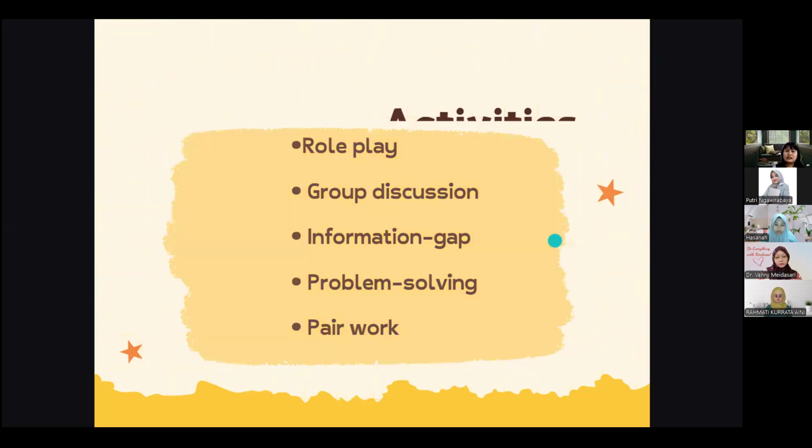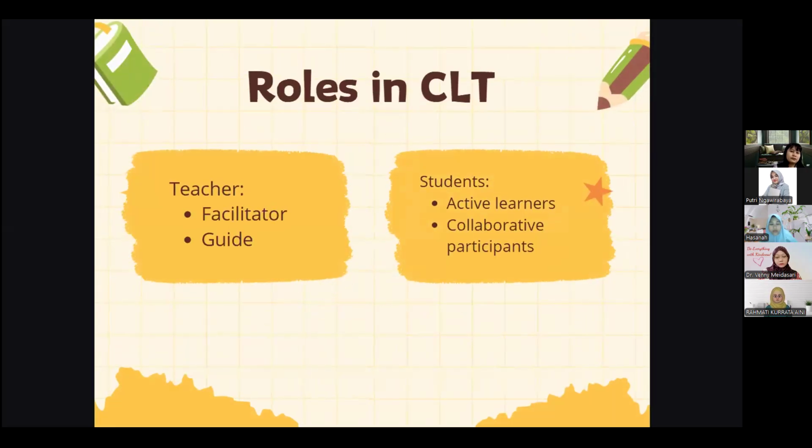Okay, the next slide is about roles in CLT. As we can see in this slide, there are two main roles, the teacher and the student. First, the teacher acts as a facilitator and a guide.